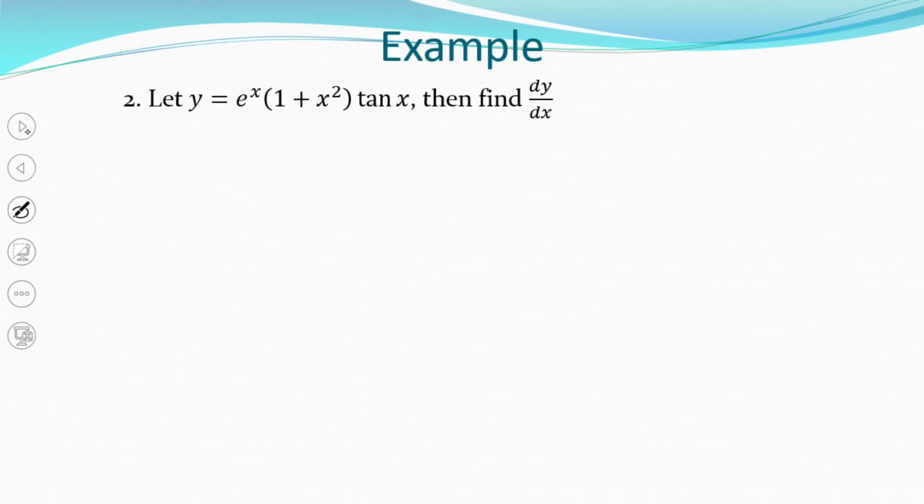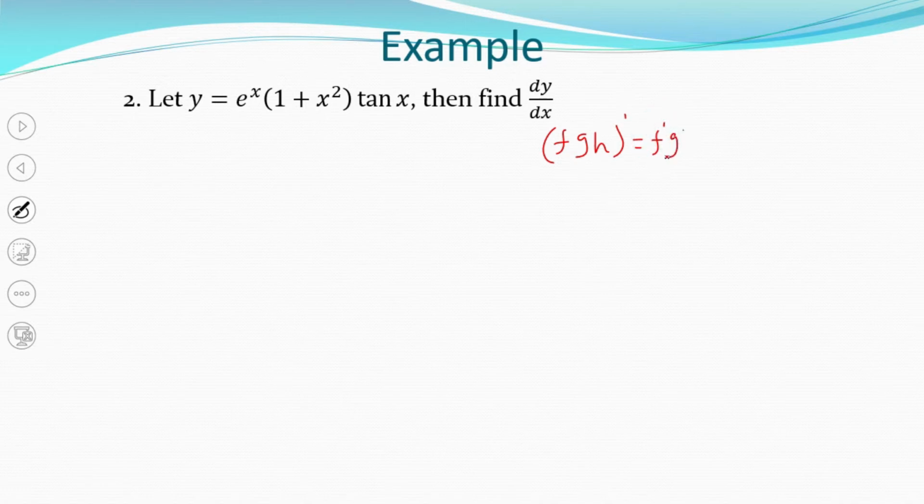Let's see an additional example. Let y equal e raised to x times 1 plus x squared times tan x. Then we are asked to find dy by dx, or simply the derivative of this function. By the way, if we have 3 functions f, g, h, we can extend the product rule for 3 functions.